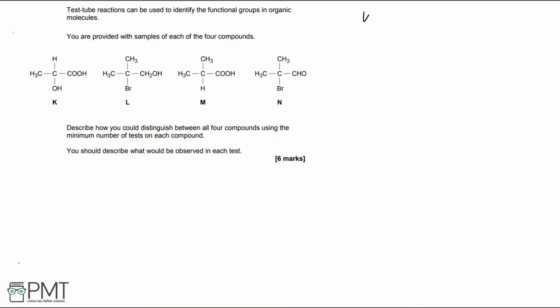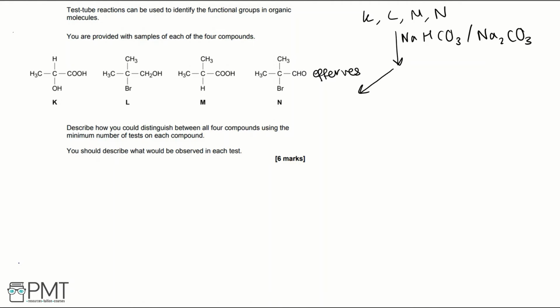So if we start with K, L, M and N, the first test we could do is NaHCO3 or Na2CO3, and if we have an effervescence or the gas turns lime water cloudy, then we've got K or M. But if there's no reaction, that leaves us with the other 2, so that's L and N. So this is one way that we could separate into 2.